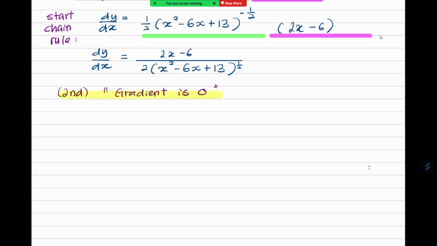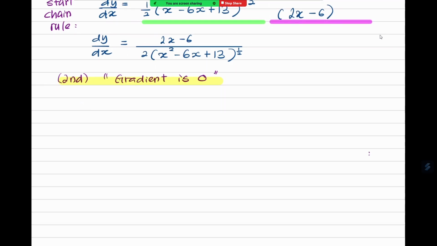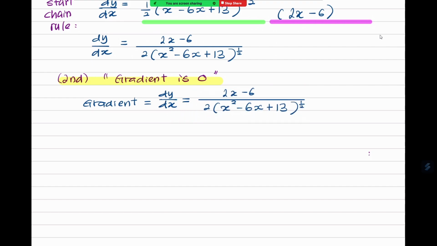The gradient, which in mathematics is called dy dx, and for us our dy dx is this whole thing, so we take this equal to 0. This whole thing will equal 0. You have fulfilled the condition that was given by the question.